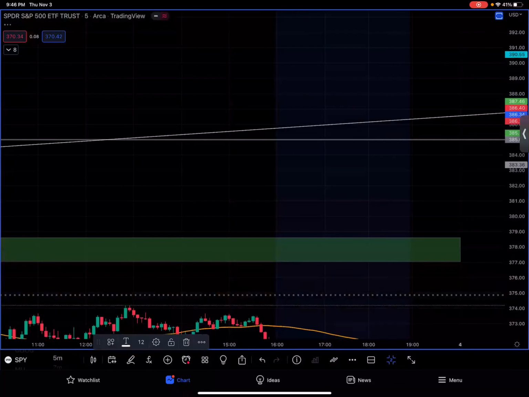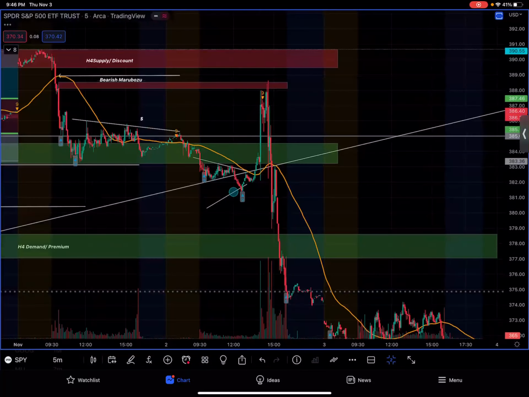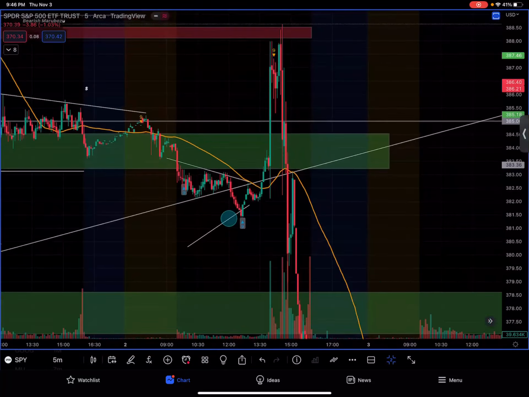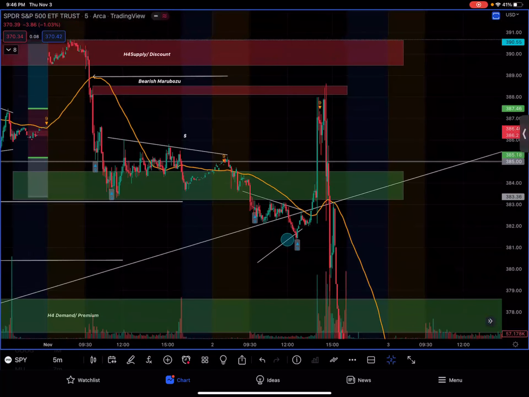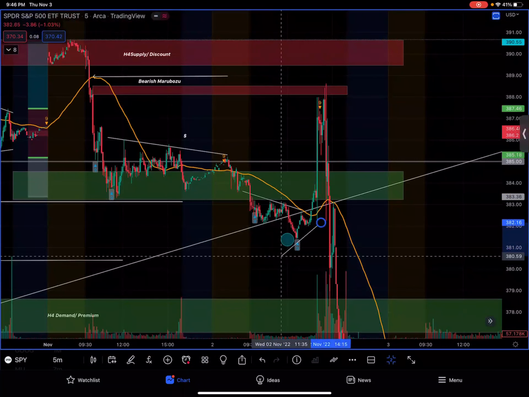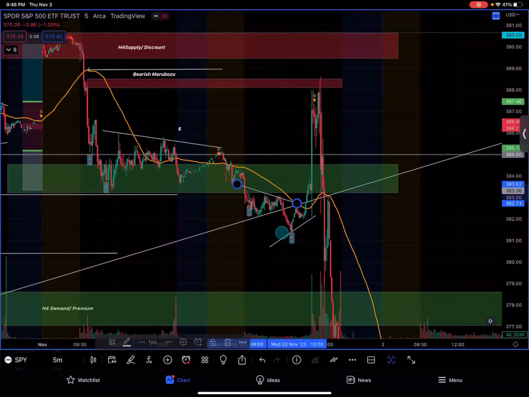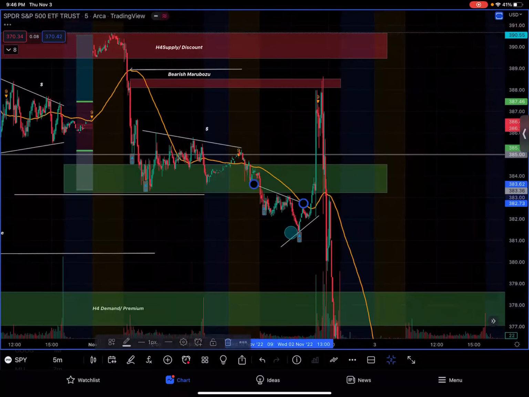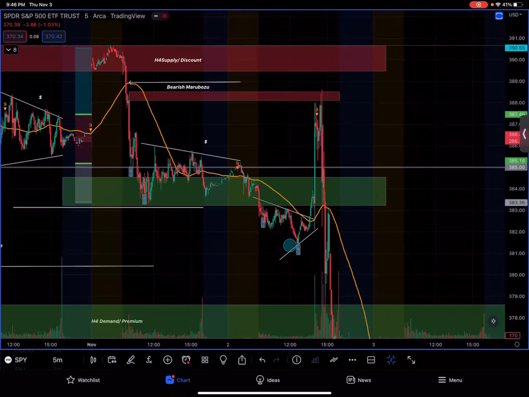So if we go to the lower time frames for the Jarvis and Rippy example, we can see that the Rippy team called all three of these moves. The move to the upside and the move to the downside.